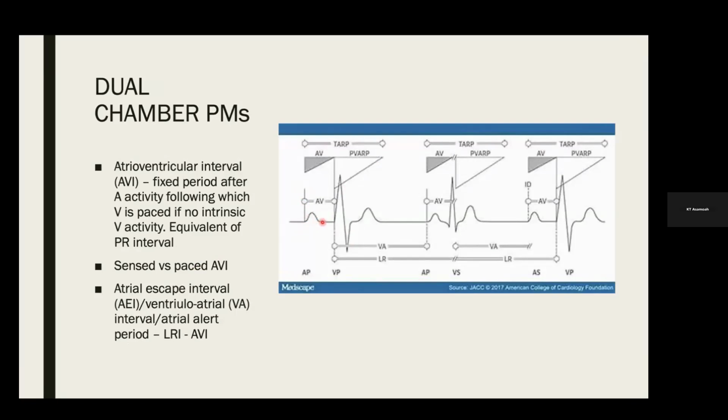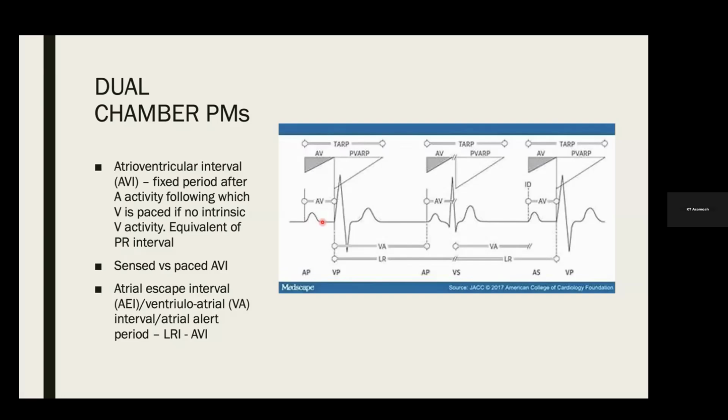This is the equivalent of the PR interval. Whether it is a sensed P wave or a paced P wave, it triggers the AVI. But usually with a sensed P wave, it's programmed to a shorter duration.